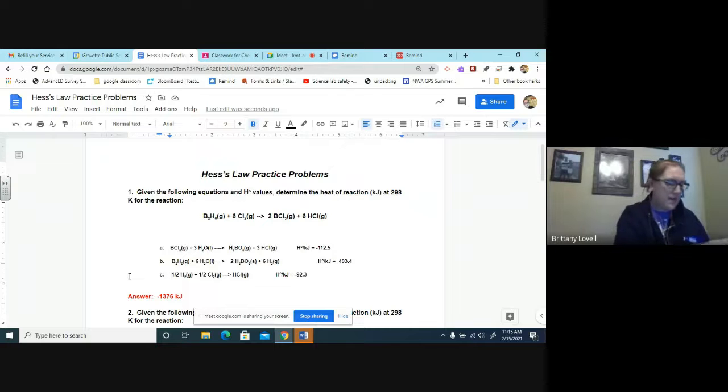So I'm going to go ahead and put a coefficient and multiply all the coefficients by 2. So I'm going to end up with 2 BCl3, 6 H2O, 2 H3BO3, and 6 HCl. And if you multiply all that by 2, you've also got to multiply your enthalpy by 2 as well.